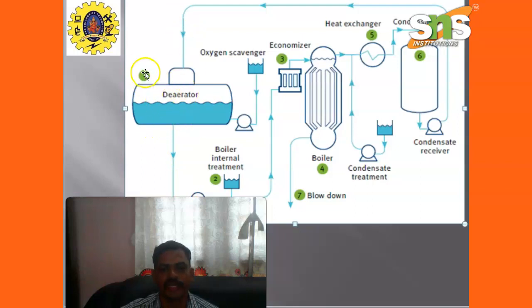The condensate received is sent to the reactor through the condensate reservoir. The oxygen scavenger sends the oxygen to the reactor. After the reactor process, it is again sent to the feed water pump, for boiler internal treatment. Then it enters the economizer through the feed pump and finally enters the boiler. The boiler converts the water to steam and the heat exchangers remove the heat. Then finally the process condensate.